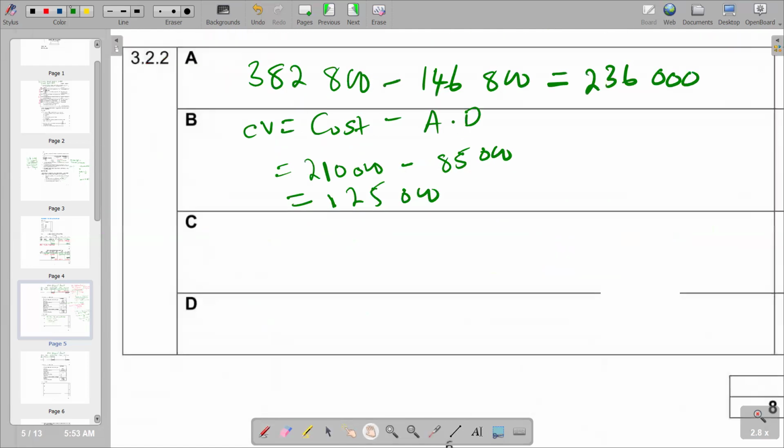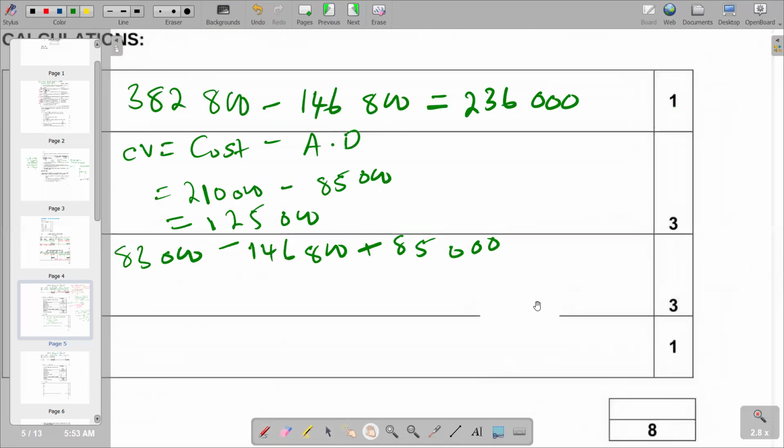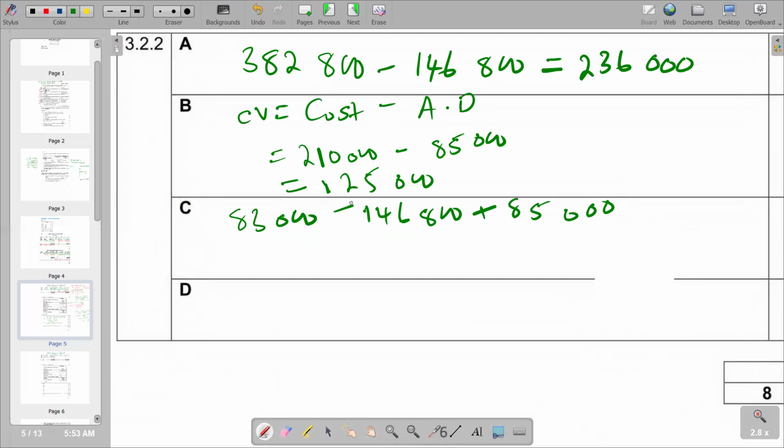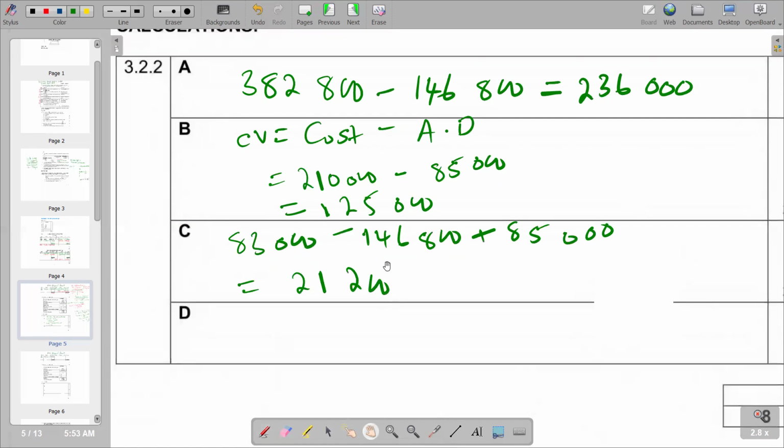We put our calculation of C, whereby you say 83,000 minus 146,800 plus 85,000, and the answer you are supposed to get is 21,200, which is the same figure you are supposed to put here.